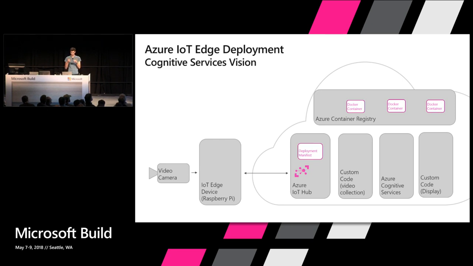That is the cloud service to manage all your edge devices. The IoT Hub will push this deployment manifest to the edge devices. Once the edge device receives the deployment manifest, it will know that it should start downloading all those containers, install them on the device, and start monitoring them on the device.